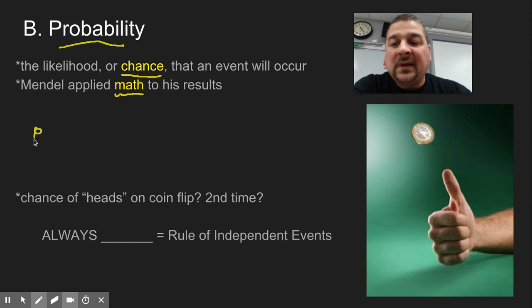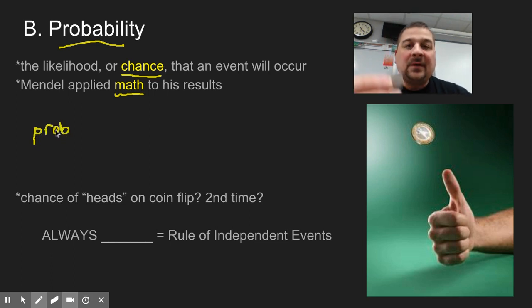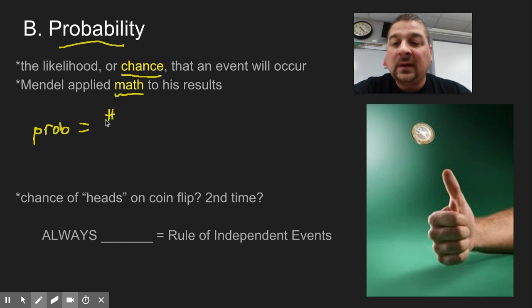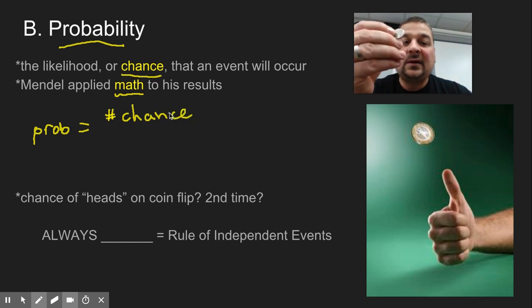Now, the formula we use for probability: if I take this nickel, what's the chance that if I flip it I get heads? The probability is equal to the number of chances for that event to occur. How many heads are on this nickel?